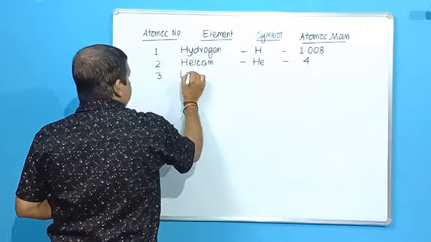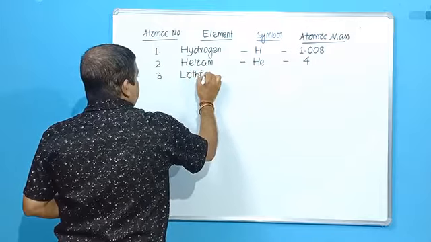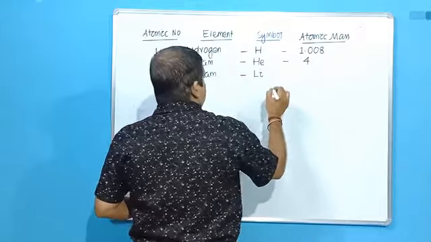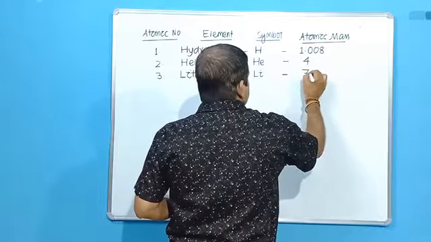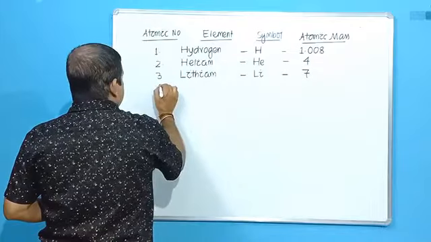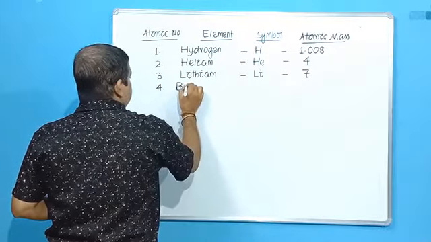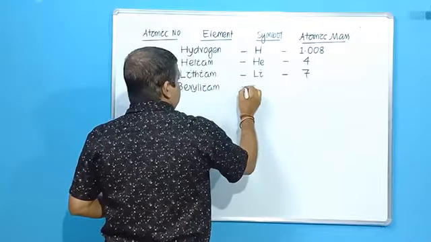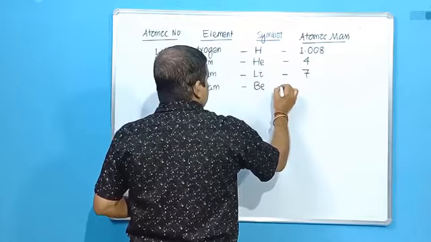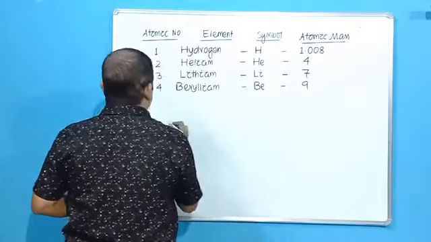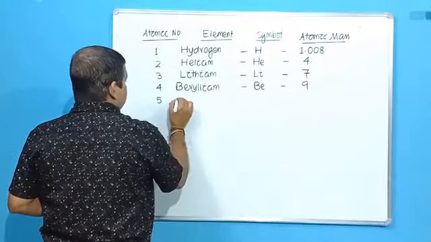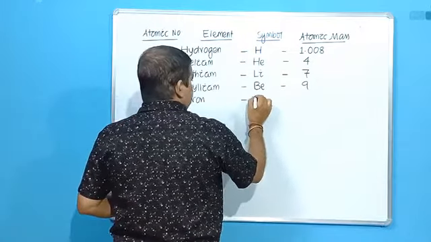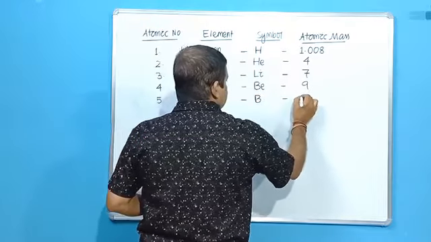Then lithium, Li. Atomic mass is 7. Then beryllium, Be. Atomic mass is 9. Then boron, B. Atomic mass is 11.